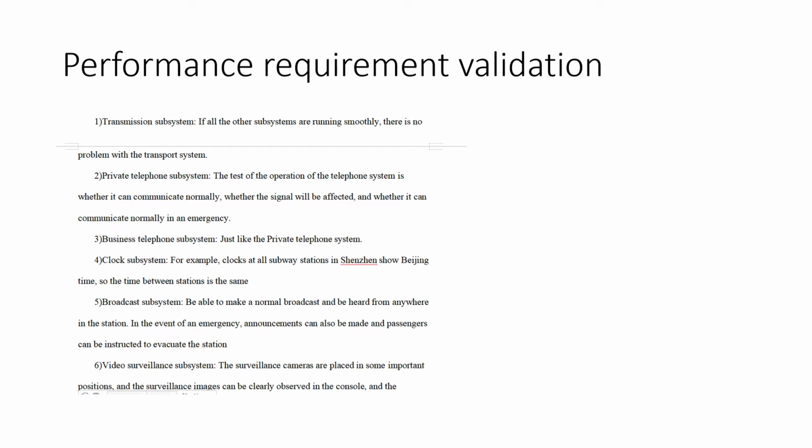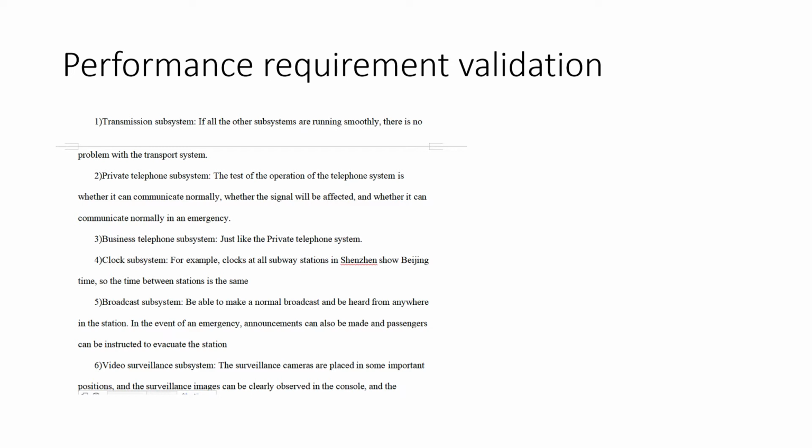So in this part, I will illustrate how to validate each subsystem we have just defined, but I'm not going to describe the irrationality in the system, which has been in operation for many years and will be updated with technology. So here I will take two subsystems as example.